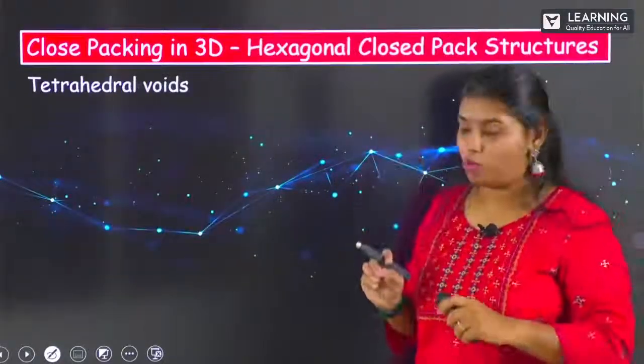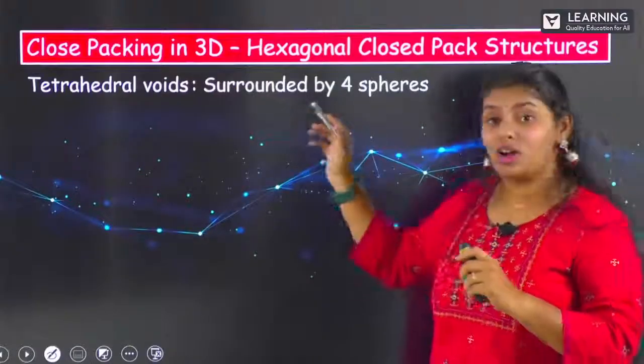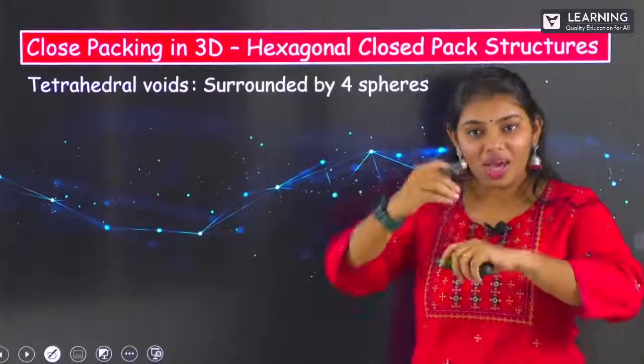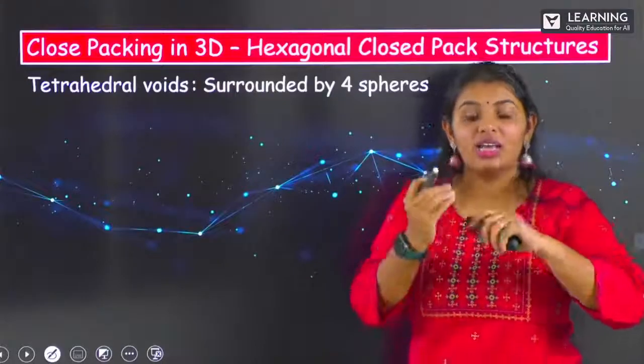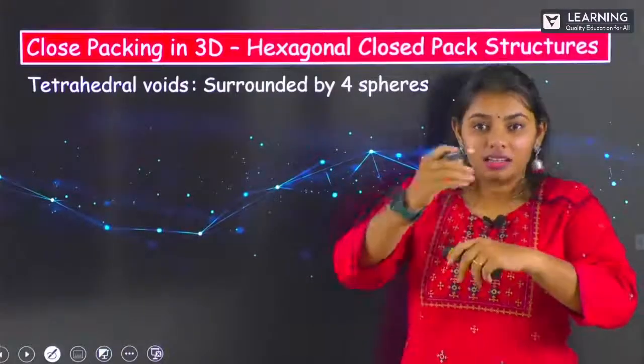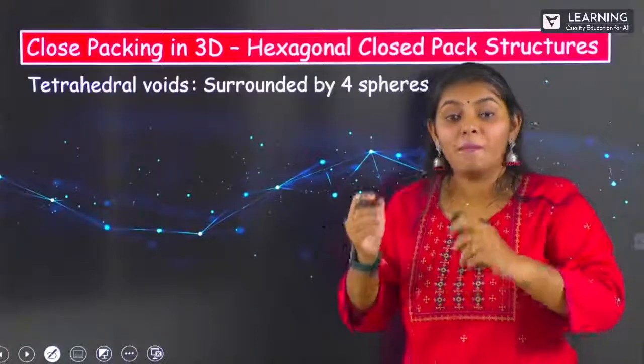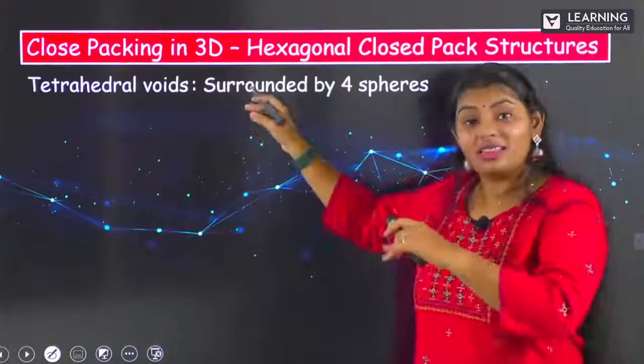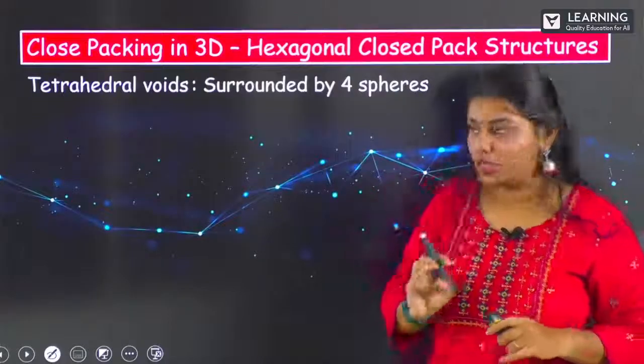First, the tetrahedral void. So in tetrahedral voids, it is surrounded by 4 spheres. So the way the void is being surrounded, it is surrounded by how many spheres? It is 4 spheres. We can understand the void is actually tetrahedral void by just understanding the fact that it is surrounded by 4 spheres.